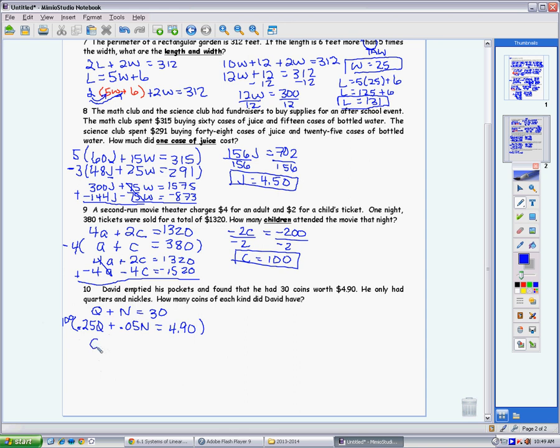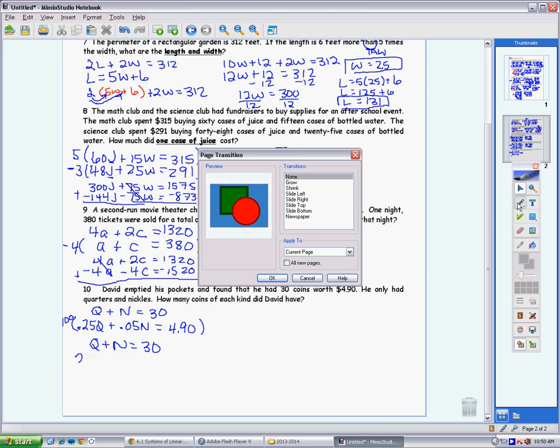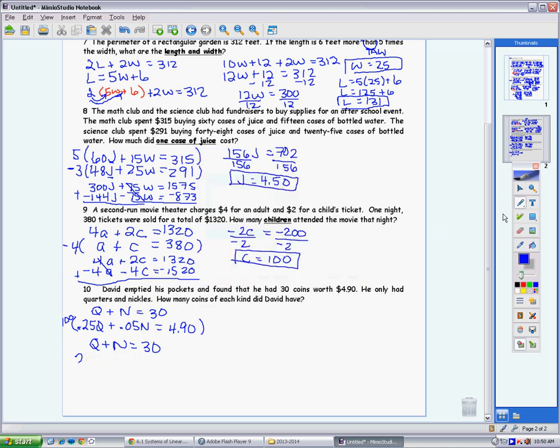And I get my quarters plus nickels equal 30. And I get 25 quarters plus 5 nickels equals 490. Okay, I'm going to go ahead and eliminate my nickels, so I'm going to multiply the top equation again by -5, and I'm multiplying by negative because I want them to add up to equal 0.